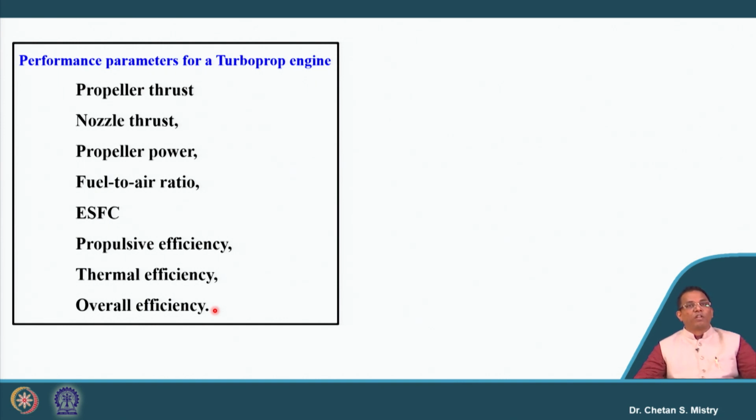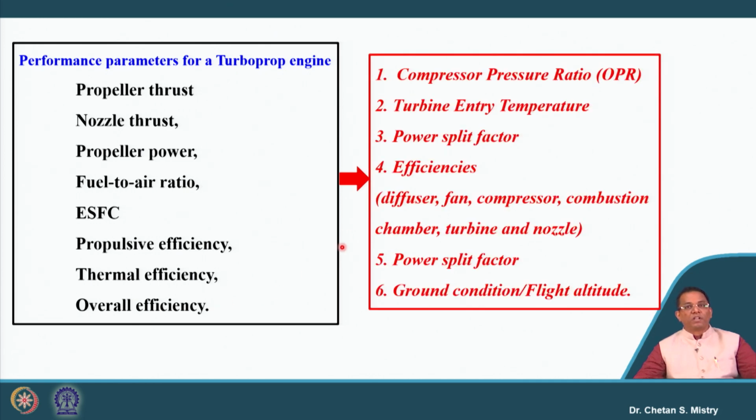And let's look at what they depend on. These are the compressor pressure ratio or overall pressure ratio, turbine entry temperature, power split factor, efficiencies of different components, and the ground condition or flight condition. So all these parameters affect the performance of a turboprop engine.